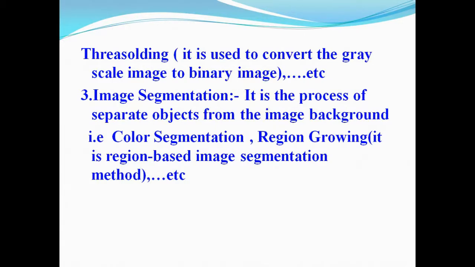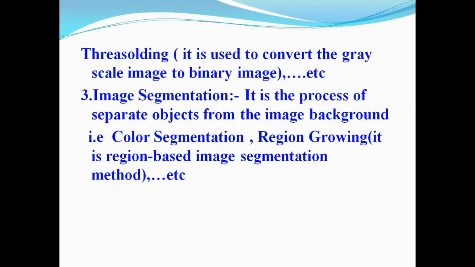Another one is thresholding, which is also in pre-processing. What is thresholding? Given an original image, it converts a grayscale image to a binary image. These things happen in the pre-processing mechanism.